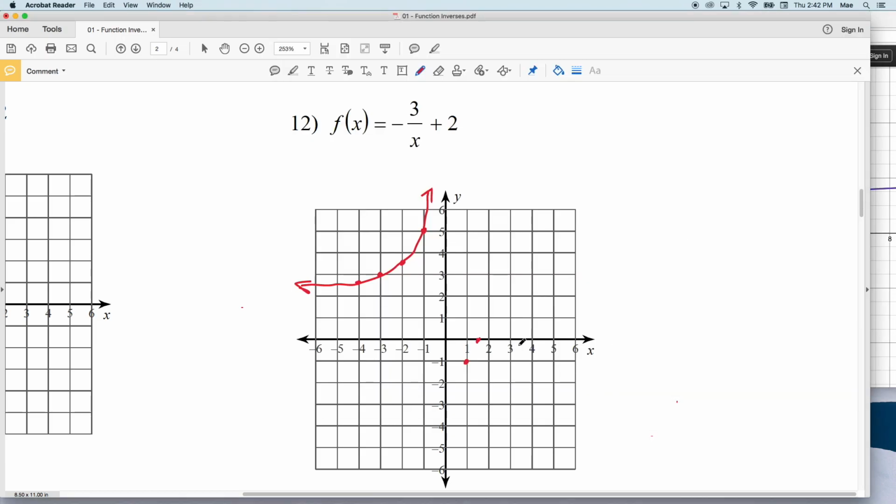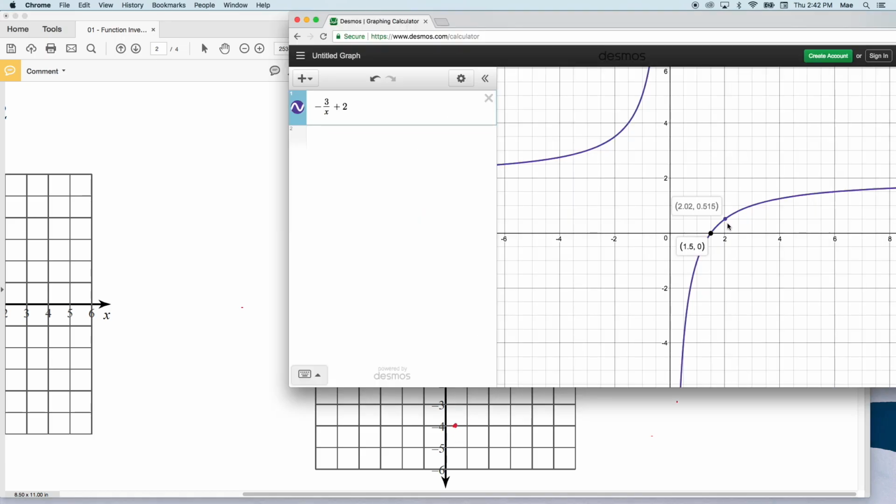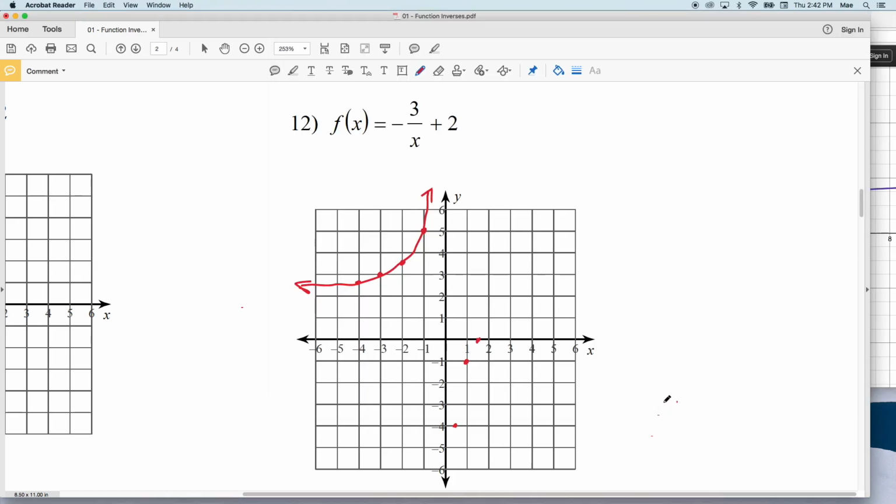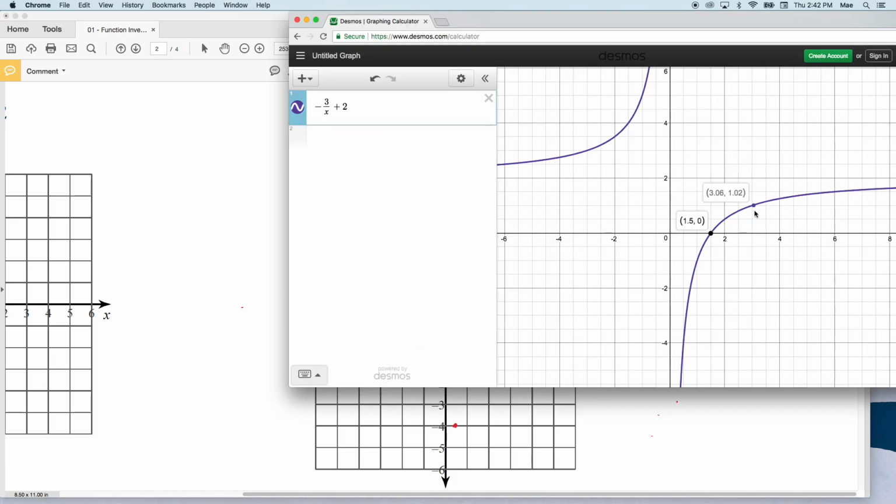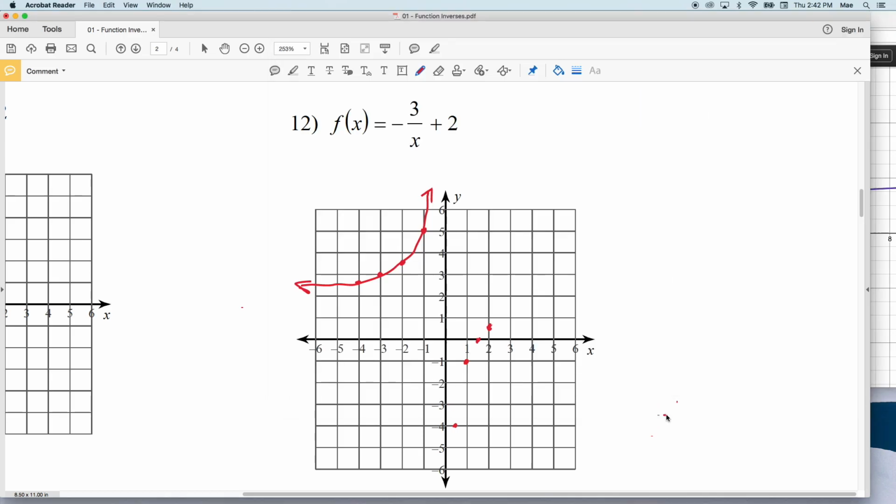We also have 0.5, negative 4. So just to make sure I get that curve more accurate, 2.5. So 2 in the x, 0.5 in the y. And we'll also do 0.3, 1, and 6, 1.5. So 3, 1, and 6, 1.5. Now we'll connect those with a curve. So just remember, the more points you use, the more accurate your curve will be.